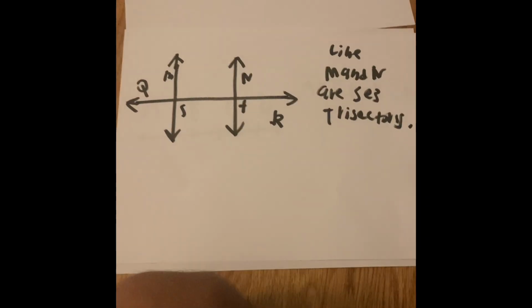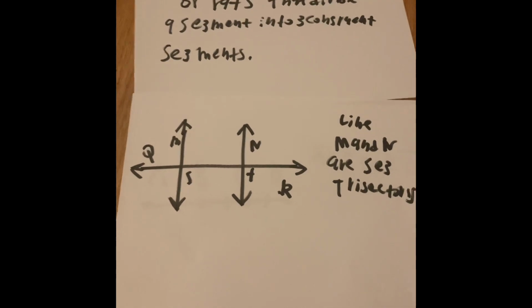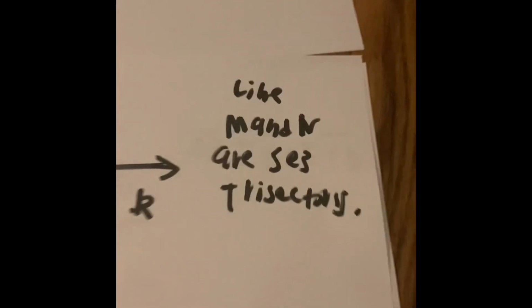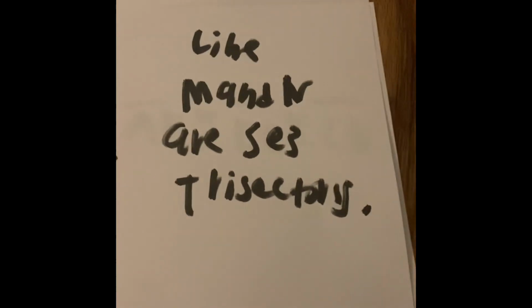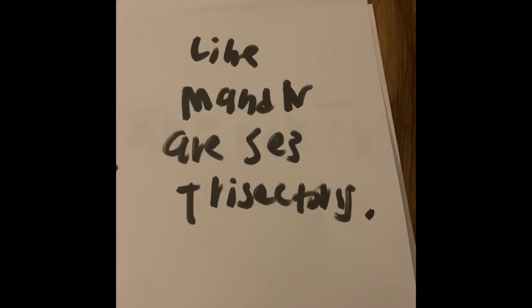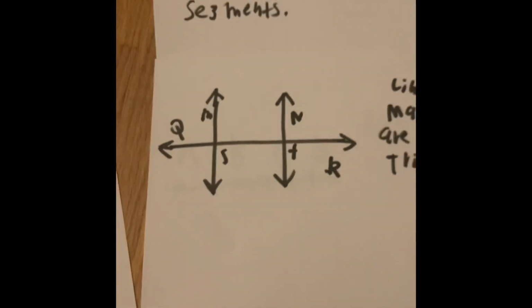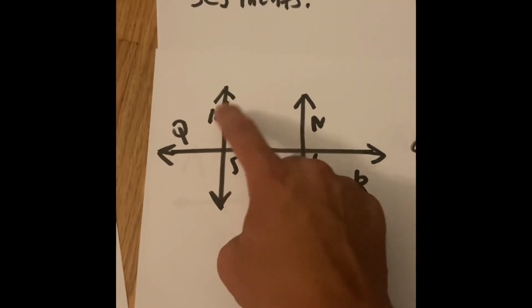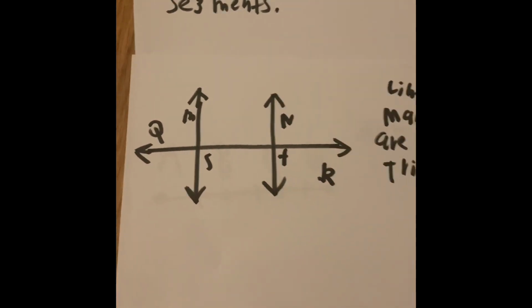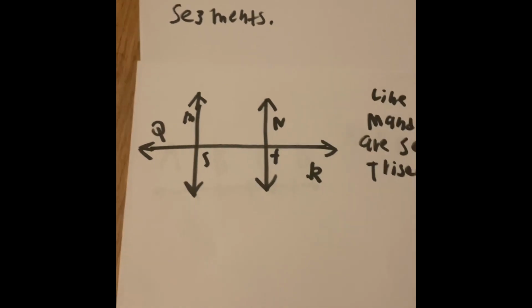So here is our problem. You can only assume and understand segment trisectors if it was given to you in your problem or your math worksheet. So lines M and N are segment trisectors. What we have to find out is which 3 segments could be congruent.